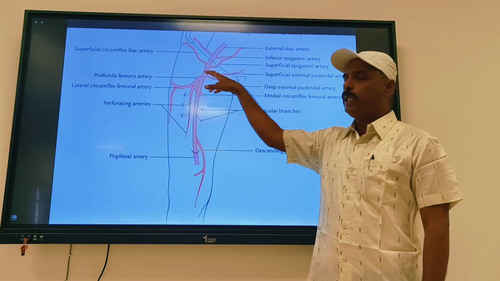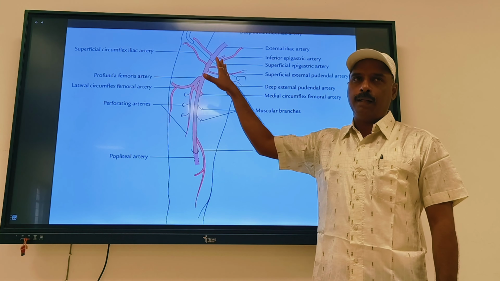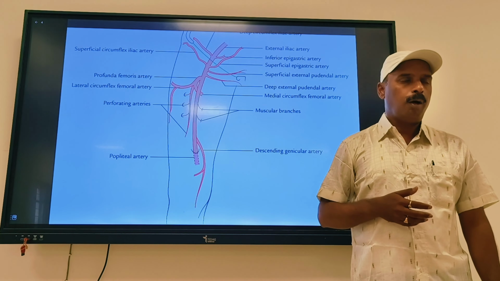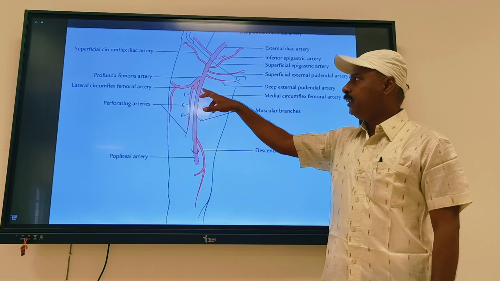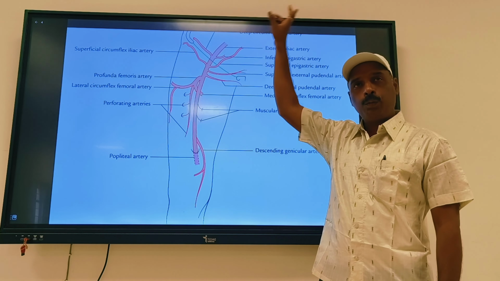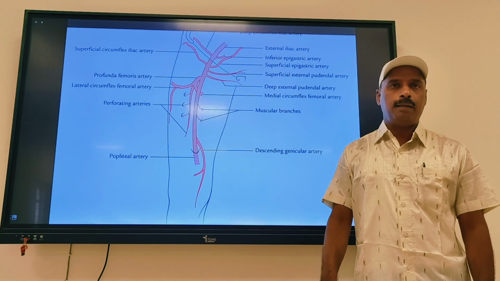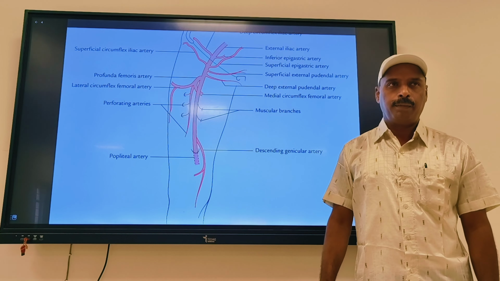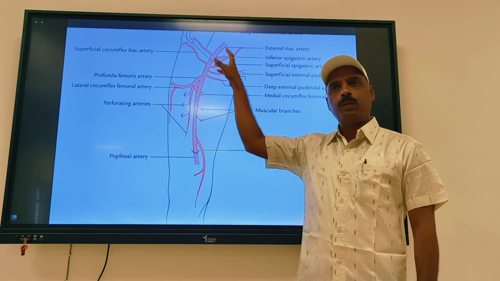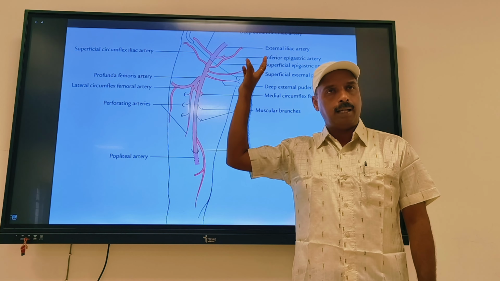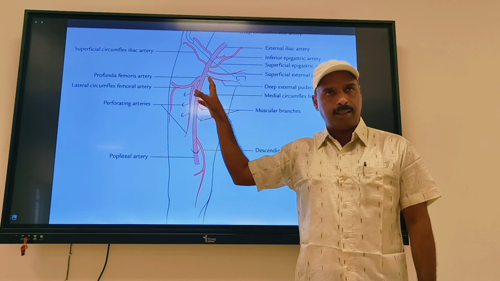So we can use this femoral artery for ligation or cannulation. We can go from the femoral artery to the heart. Cannulation can be passed from the femoral artery, and we may reach the heart also through this femoral artery.